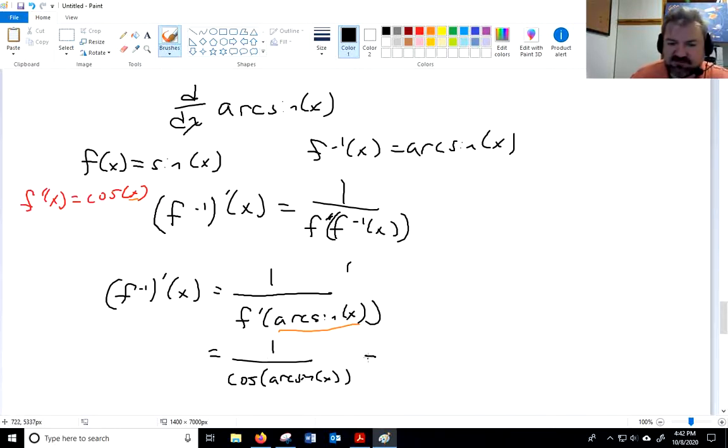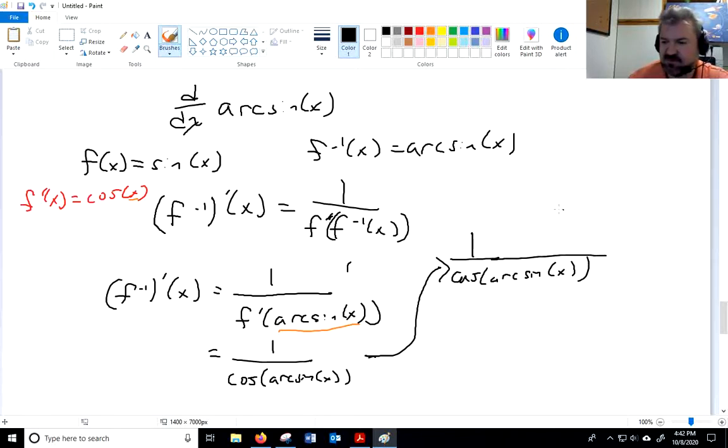All right, well, now we just need to evaluate that, right? We just need to figure out what is 1 over the cosine of arcsine of x. And we did that earlier, so we're just going to draw a picture. In my first quadrant, I'll just say that x is here. So arcsine is this angle theta. Remember, arcsine gives you an angle.